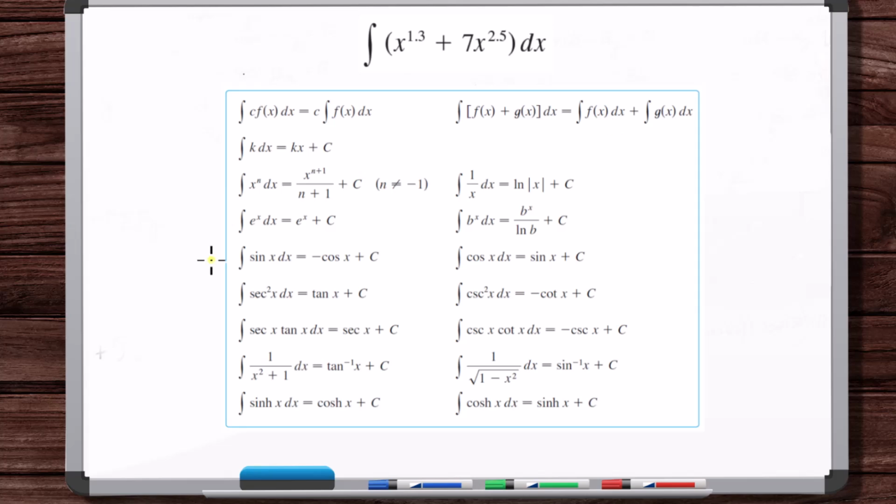But as long as you don't have different types of functions multiplied together or composed within one another, then what we'll be able to do is either use our knowledge of differentiation to just naturally figure out what the antiderivative is on our own, or we could just reference this table to get the antiderivative. Now, when it comes to more complicated functions, we'll have to use other techniques, which we'll learn in later sections.